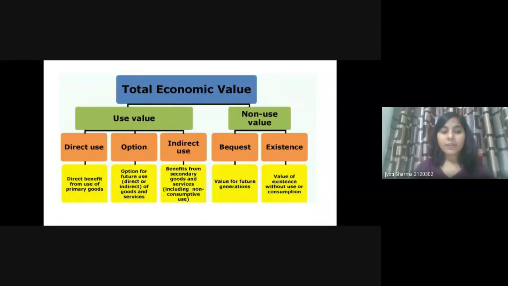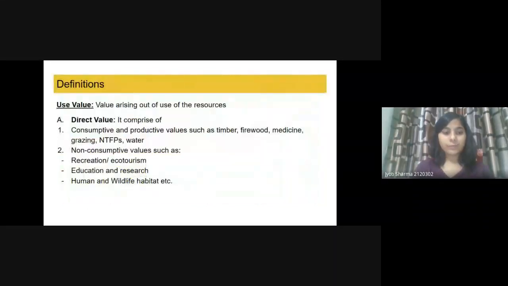For the use value, we have the direct use, indirect use, and the optional use. And for non-use value, we have the bequest and the existence value. So we will cover it very fast. Use value means value arising out of the use of the resources.